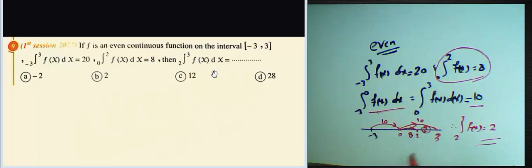Understood? For this part from 0 to 3 the integral equals 10, and from 0 to 2 equals 8, then 8 plus 2 equals 10. Then the integral of the function f of x from 2 to 3 equals 2, letter B.